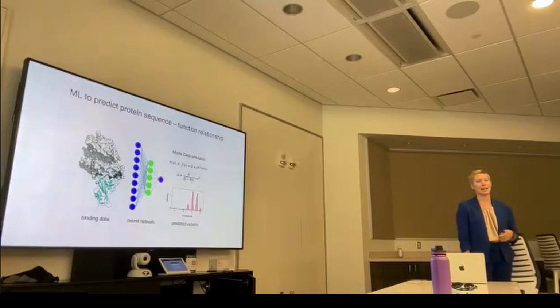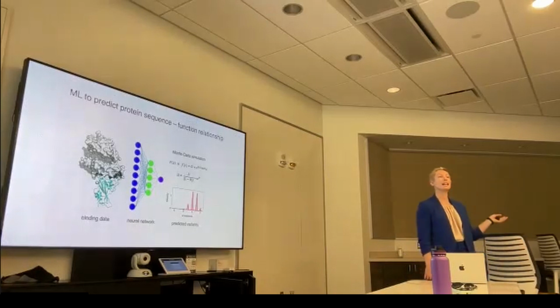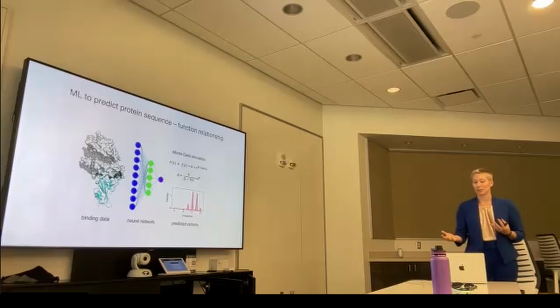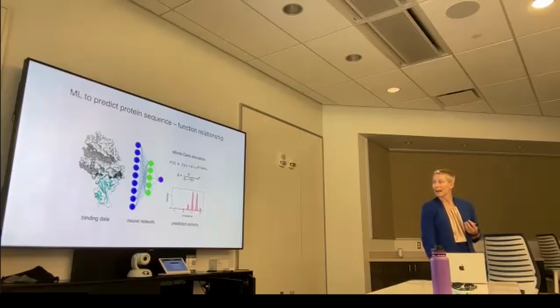and then I defended my PhD, and I wanted to learn, like I said, machine learning, and I went to Berlin with Frank Noe. I have been looking at using deep mutational scanning data of this receptor binding domain to the ACE2 receptor.